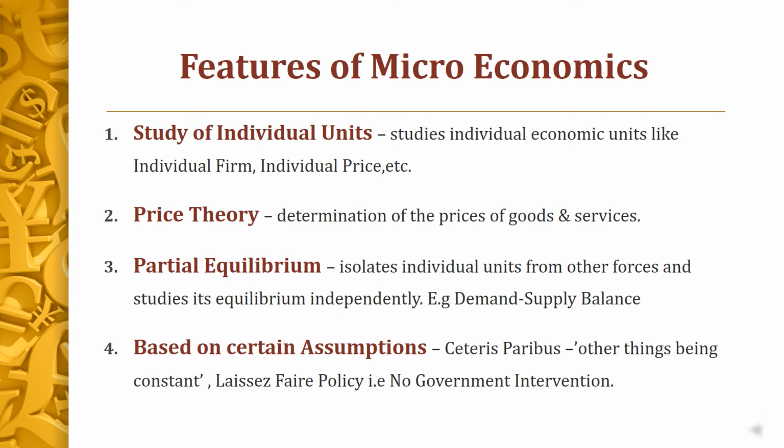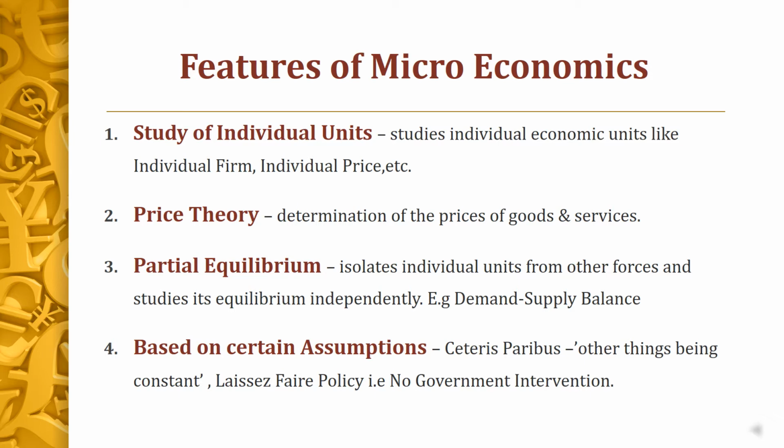Partial equilibrium. Now, equilibrium means to have a balance. Microeconomic analysis deals with partial equilibrium. That means it studies individual consumer, individual firm separately. It isolates an individual unit from other forces and studies its equilibrium independently.